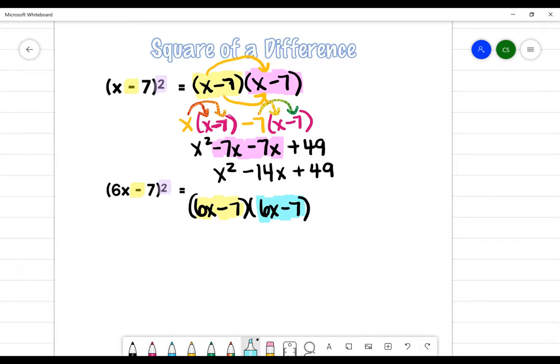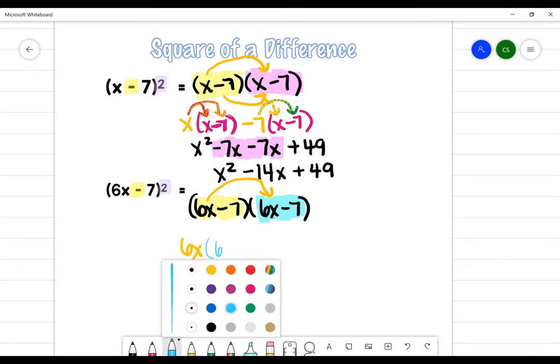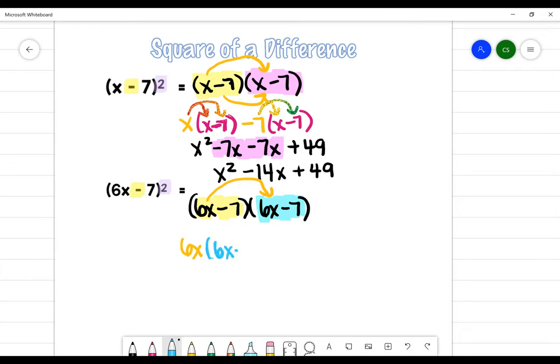So taking 6x and multiplying it to 6x minus 7. And taking -7, because that's the second term in the first binomial, and multiplying it also to 6x minus 7. Notice I got twins. So I need to finish simplifying.